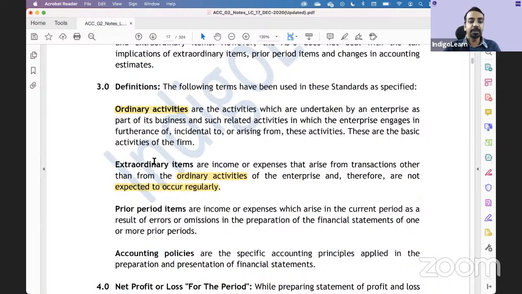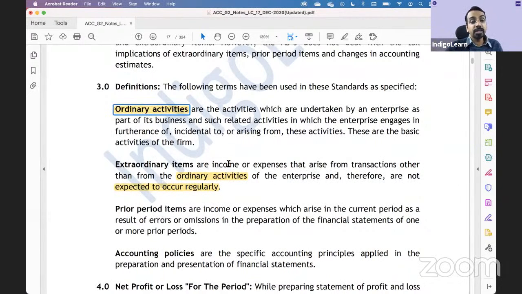Sometimes what may happen is an ordinary item may be of such a nature that it requires separate disclosure. So it may be an ordinary activity, but it may require a separate disclosure because of the nature or size of that particular item. In that case, you will make a separate disclosure of the ordinary items as well, right? So this is briefly with respect to ordinary and extraordinary.